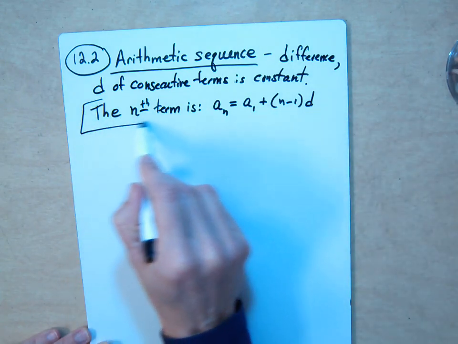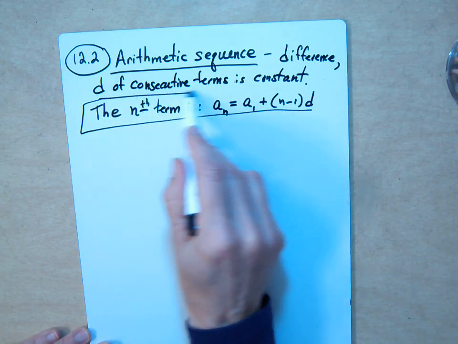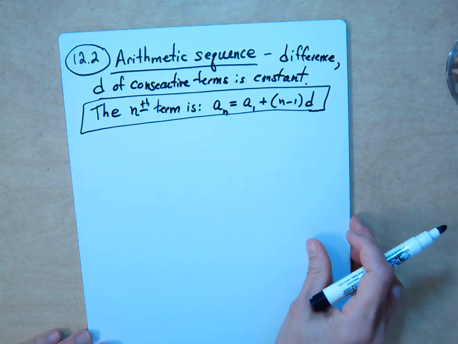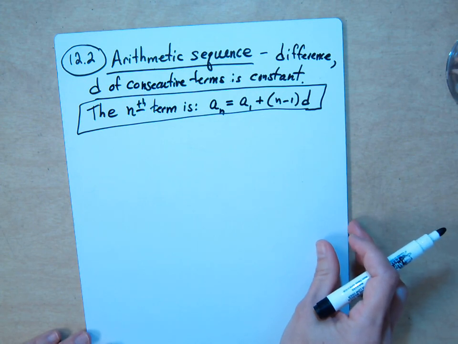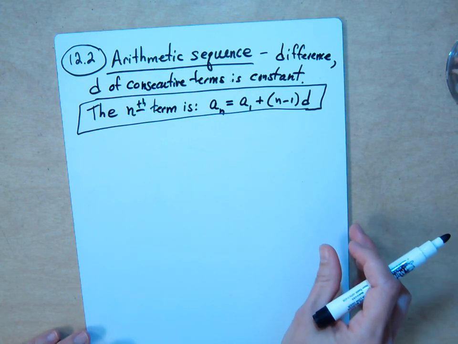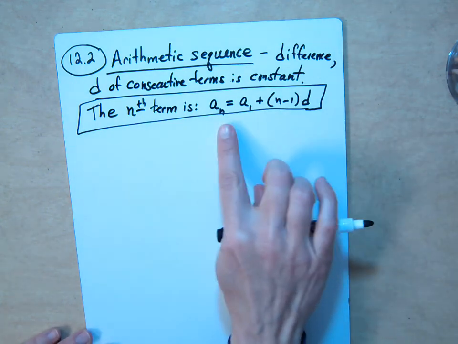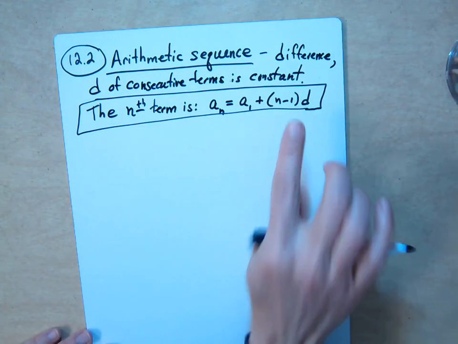So this is the formula that always works for the nth term, and having this formula can help us, but we want to make sure it also makes intuitive sense so that we don't have to memorize it, or when we forget it, we can. So let me explain the terms in this formula so it makes sense.